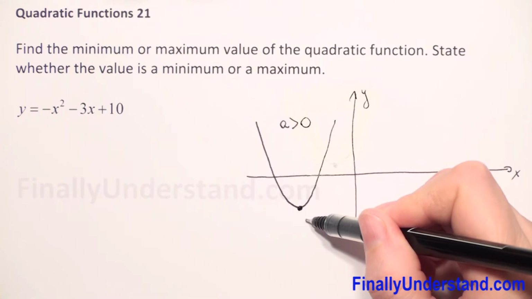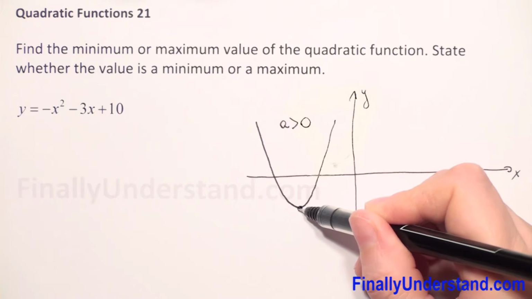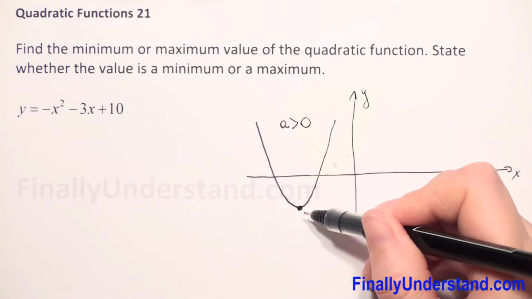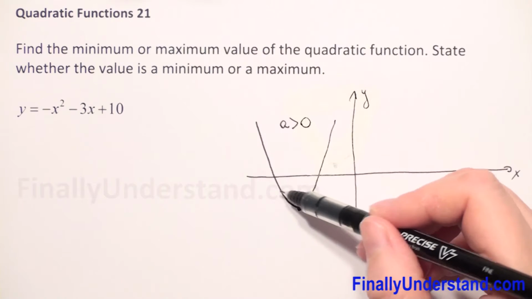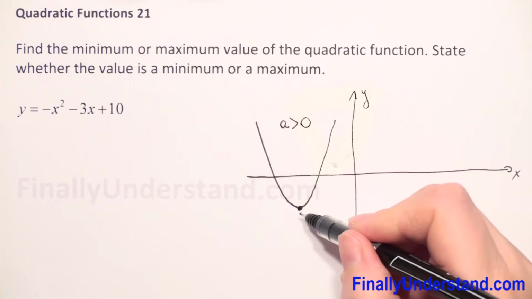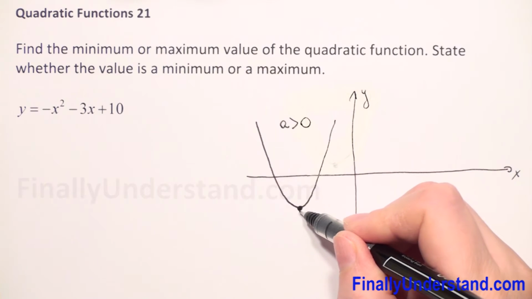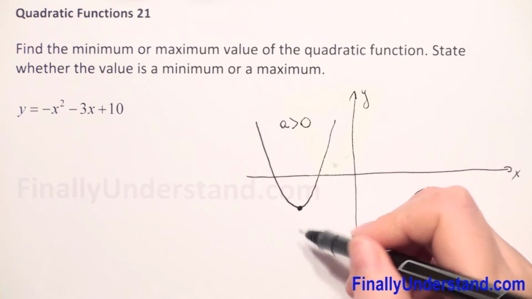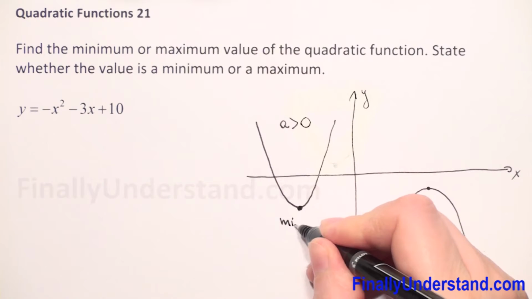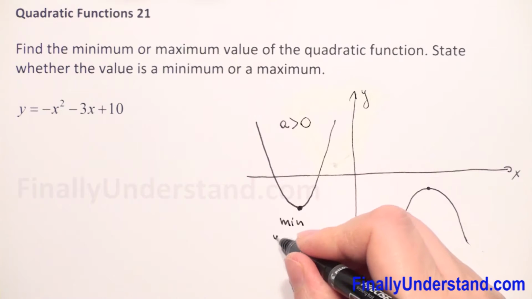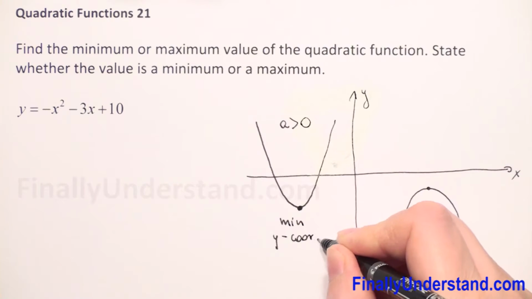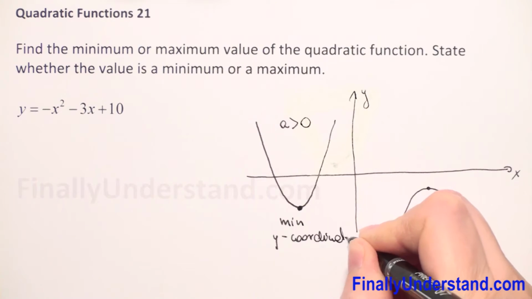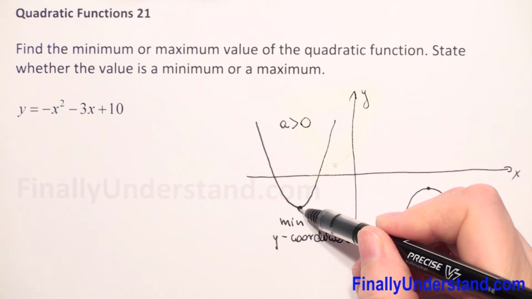We cannot have a smaller value than this value. So when we have a parabola that opens up, when we calculate the vertex, we have the minimum y coordinate. This is the smallest value.